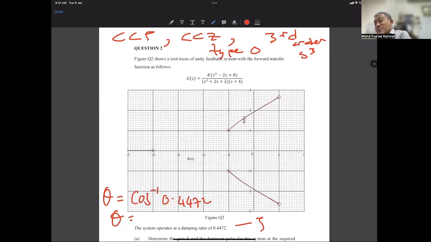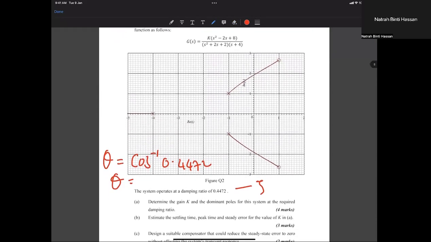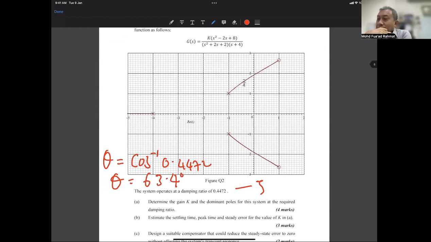That's right. 63.4 degrees. Okay, so now, how are you going to plot? We don't have any printer. Use a protractor.